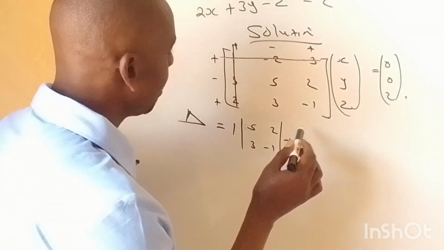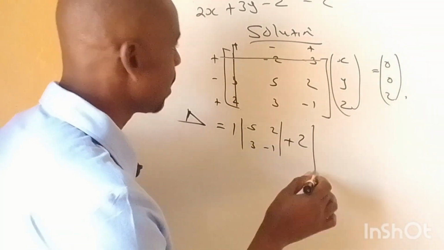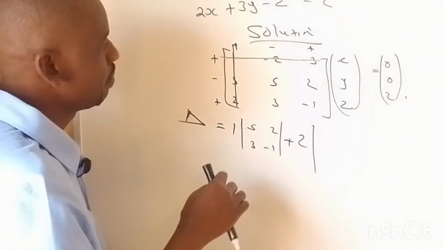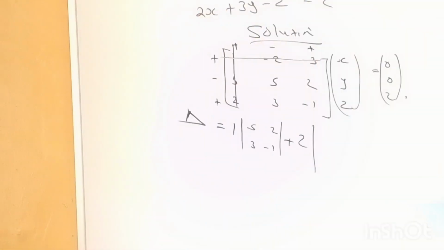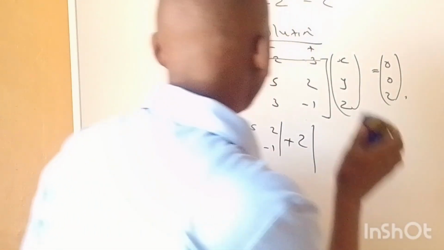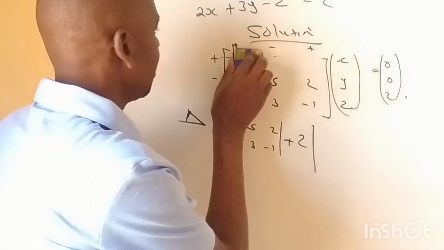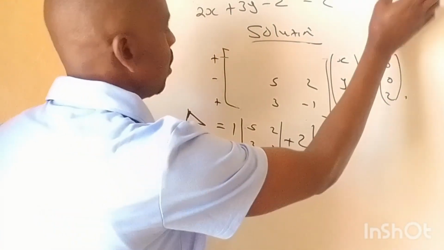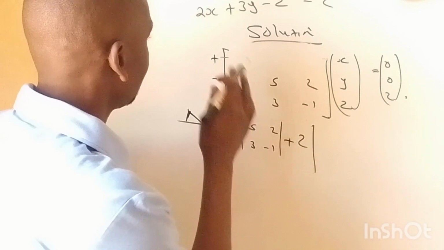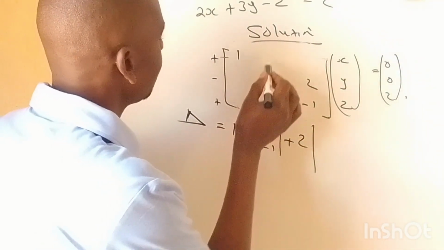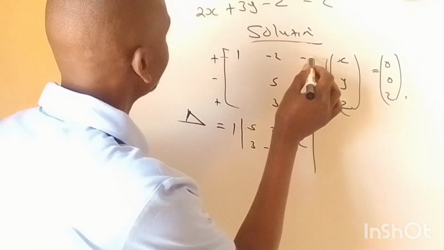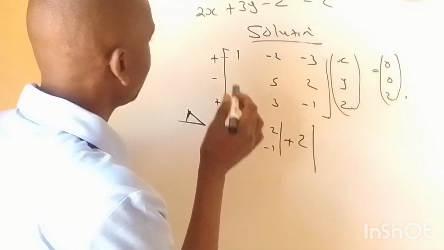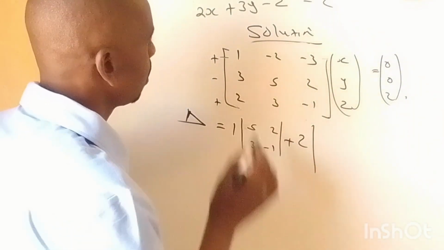And then 2, so you can see, when we repeat the same, let me just rub this one out so that we don't get confused. This was 1, -2, and -3. And then downward, that is 3 and 2.